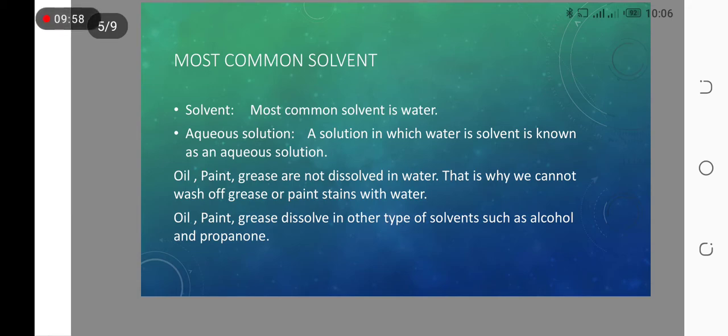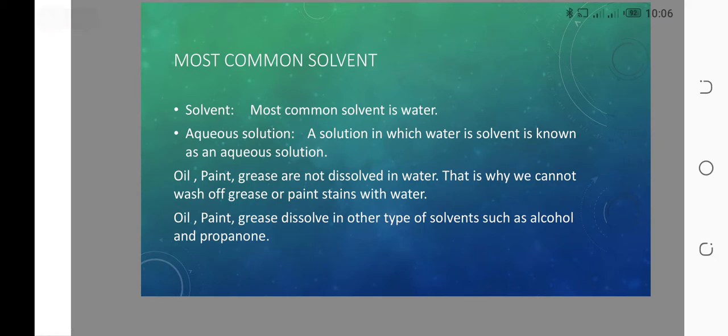Now we will move towards our next slide. Now we will discuss what the most common solvent is. The most common solvent is water, because water has a natural ability to dissolve most solutes in it. It can dissolve many substances, so it is considered the most common solvent.